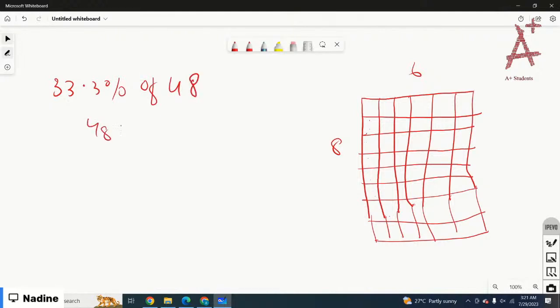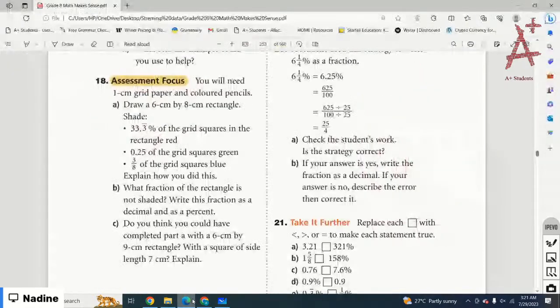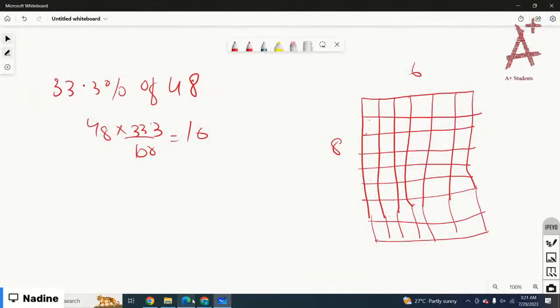So you have to do 48 times 33.3 divided by 100. That is almost 1600 divided by 100, so 16. So 33.3 is for which color? Red color.